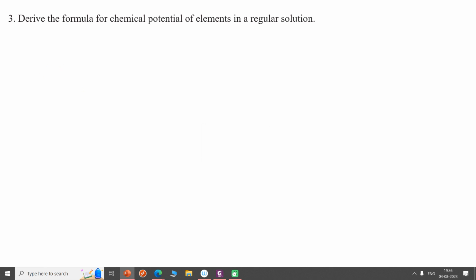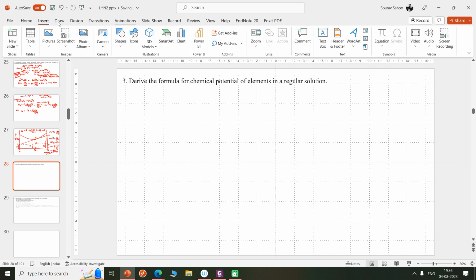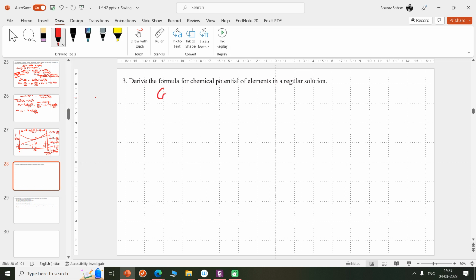Derive the formula for chemical potential of elements in a regular solution. Now it has already been covered in the lecture, at least it has been, so maybe I'll go through it quickly. We know the formula G is equal to χA μA plus χB μB. If we add 1 mole of A and B, the change in energy will be equal to G, right?